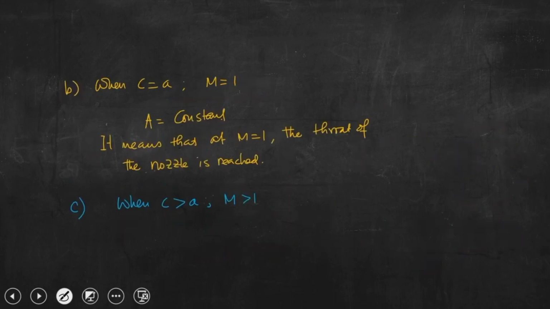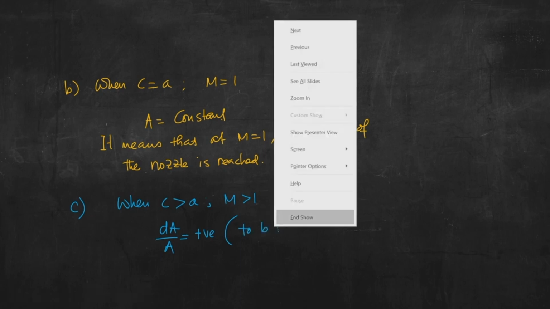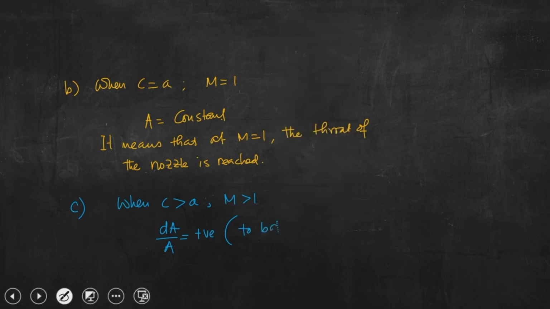So, dA by A is positive, obtained to balance equation 1. If dA by A is positive, that means the area increases.